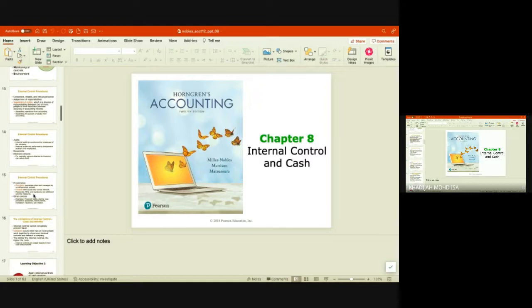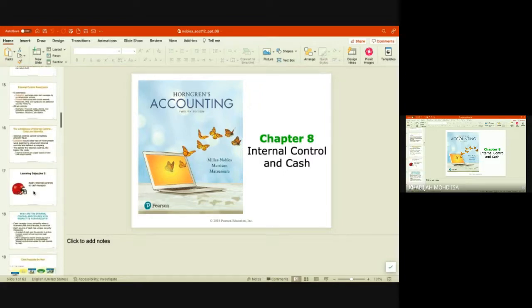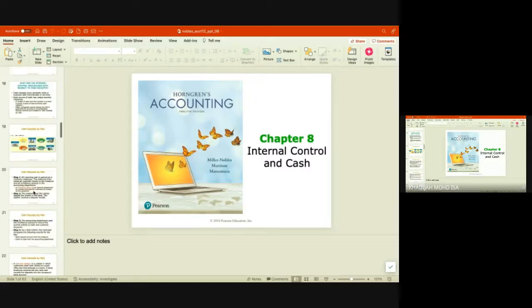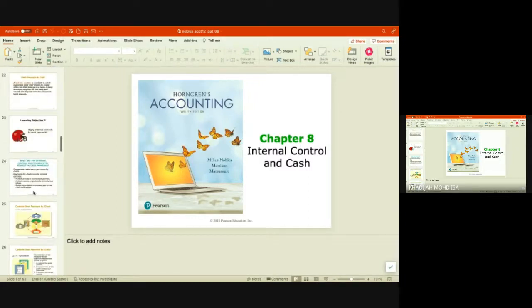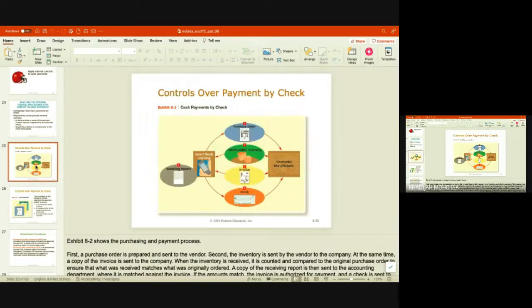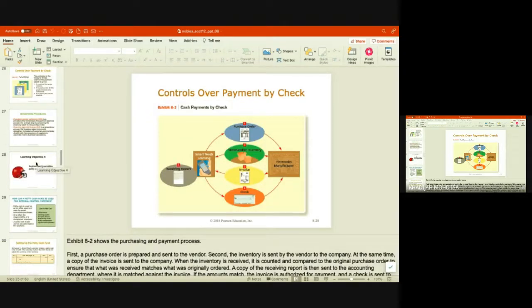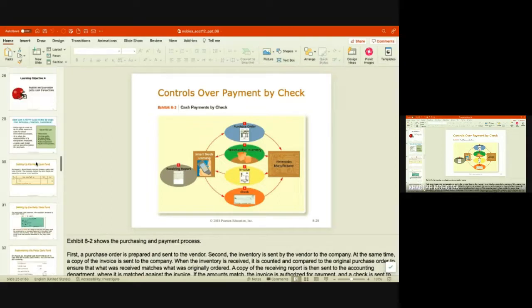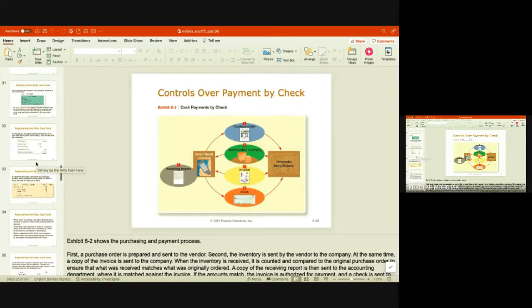These are all the internal controls over cash receipts. Because there are too many, you have 63 slides. I cannot go through 63 slides in a class.